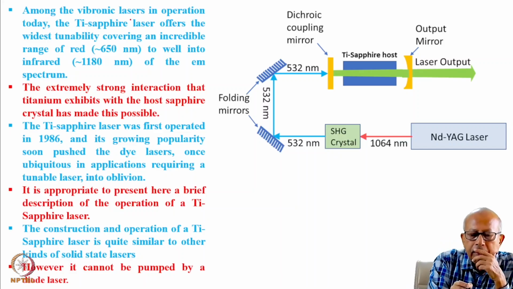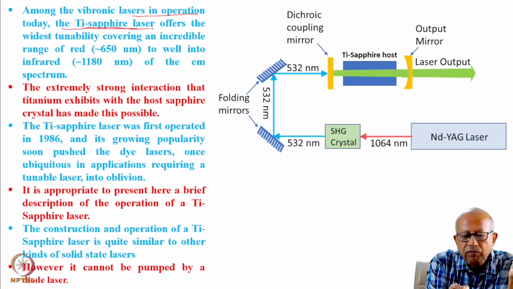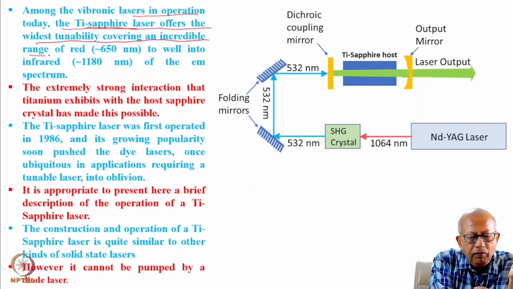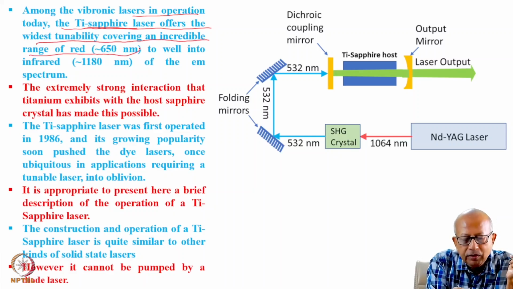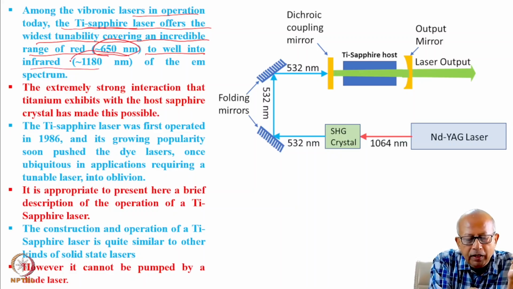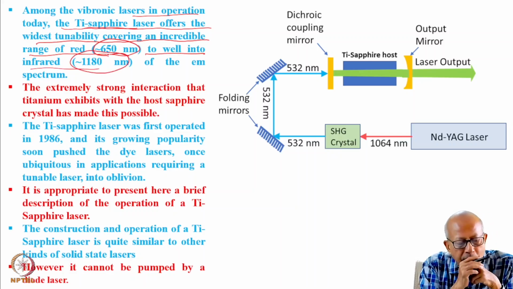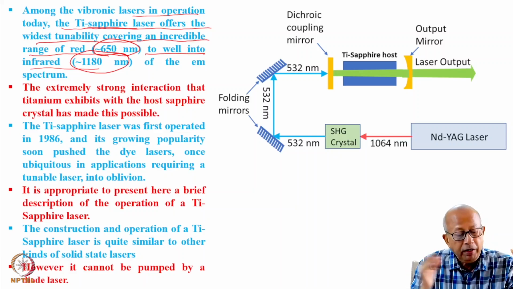Among the vibronic lasers in operation, today the titanium sapphire laser offers the widest tunability, covering an incredible range of the electromagnetic spectrum, from red, that is 600 nanometer, to well into infrared, 1180 nanometer. Very wide.